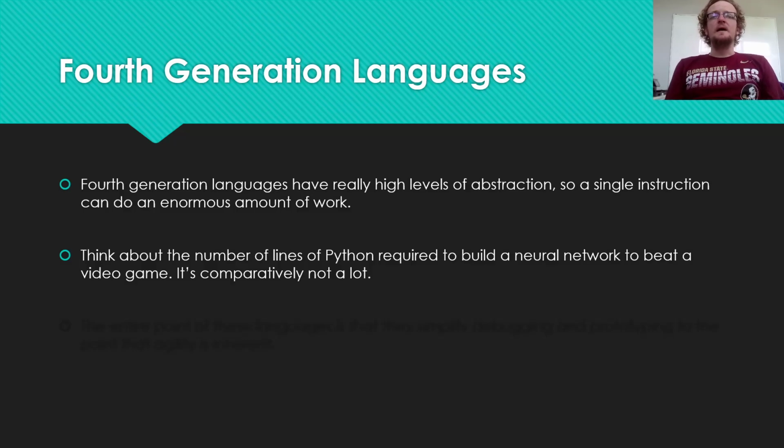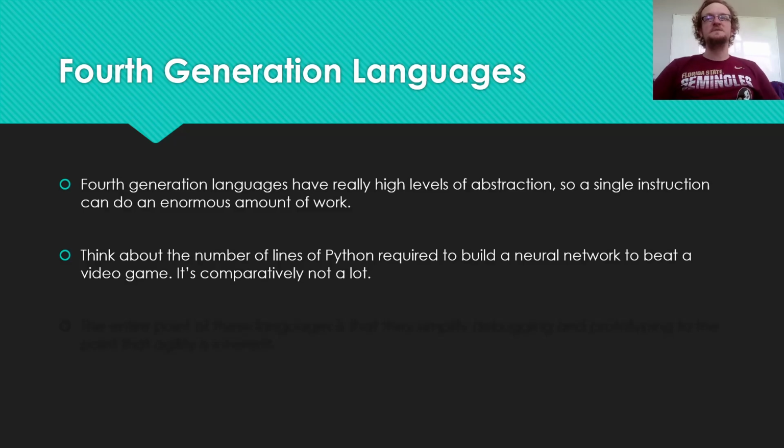If you think about the number of lines of code that you have to write in C to simulate the command line or terminal, and then you compare that to the number of lines of Python you have to write to build an AI neural network to beat a video game as complicated as Dota, it is much less code to build this neural network than it is to even do some simple simulation.